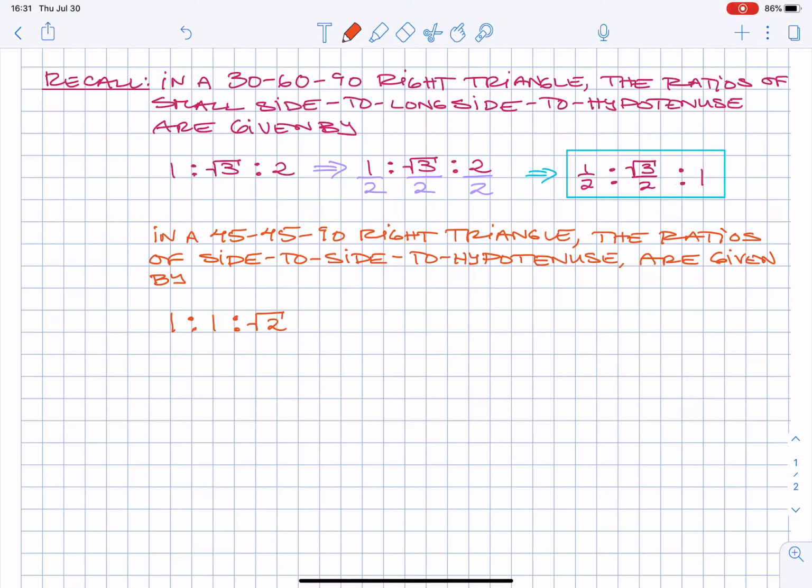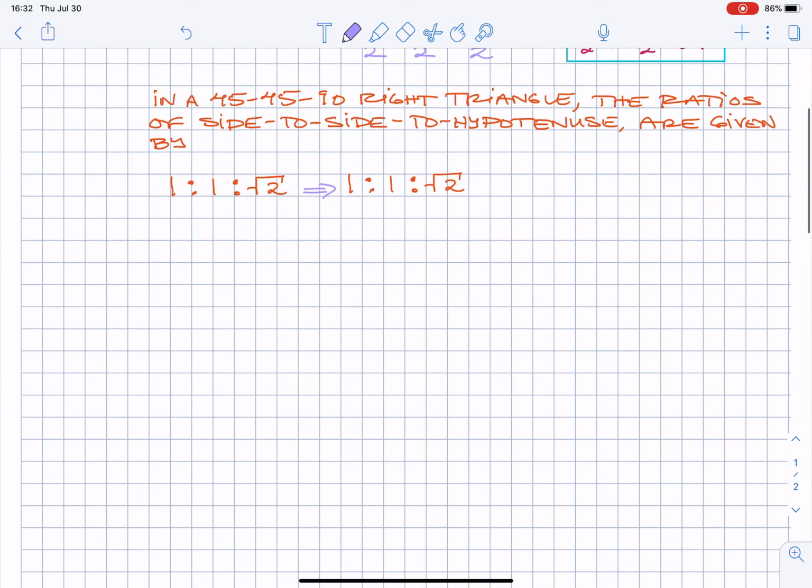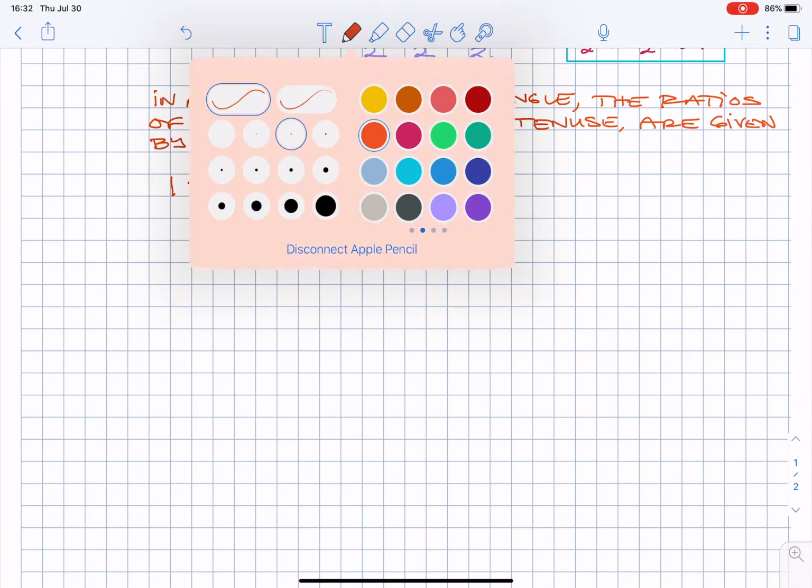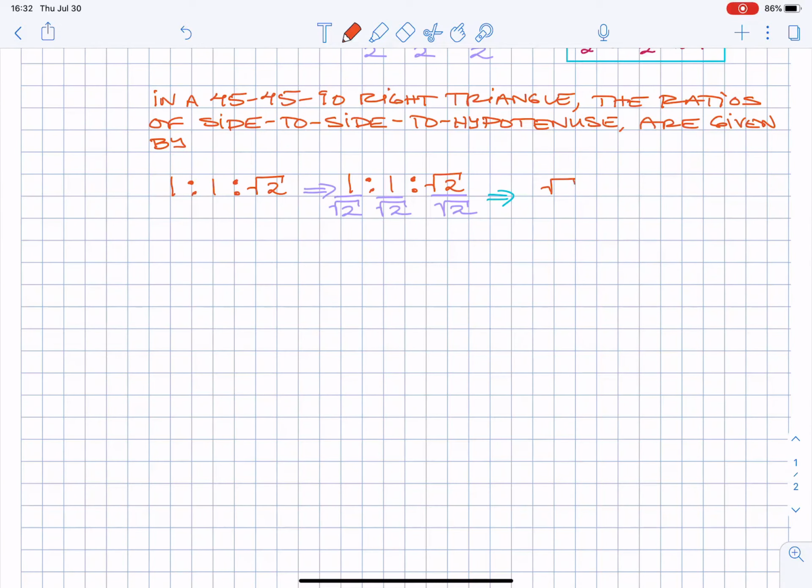So in that case, if I wanted to get 1 for the hypotenuse, I would have to divide each of these ratios by the square root of 2. So let's go ahead and do that. Rationalizing, multiplying top and bottom by the square root of 2, would give us square root of 2 over 2, which is equivalent to 1 over root 2.